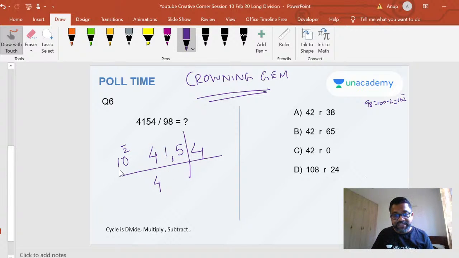So when I get 23 divided by 10, what do I get? I get 2, balance 3. Now I will take 2 and minus 2, I get minus 4. So 34 minus 4 is 38. So the answer is A.